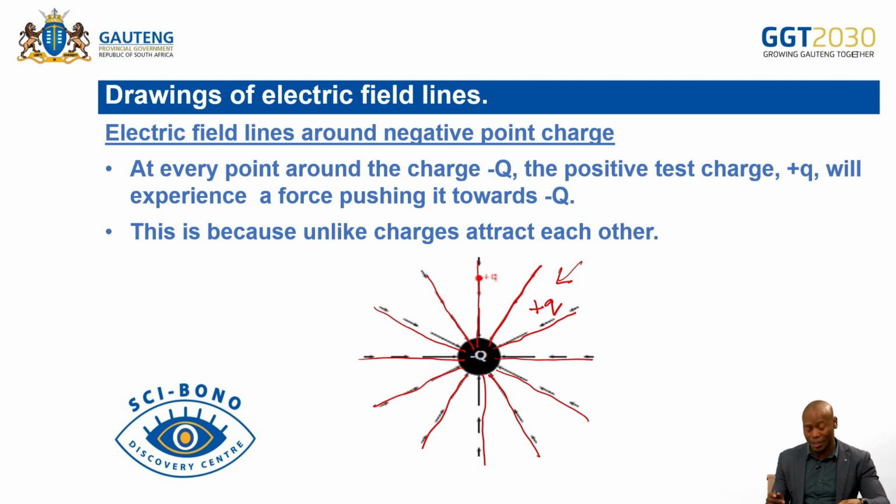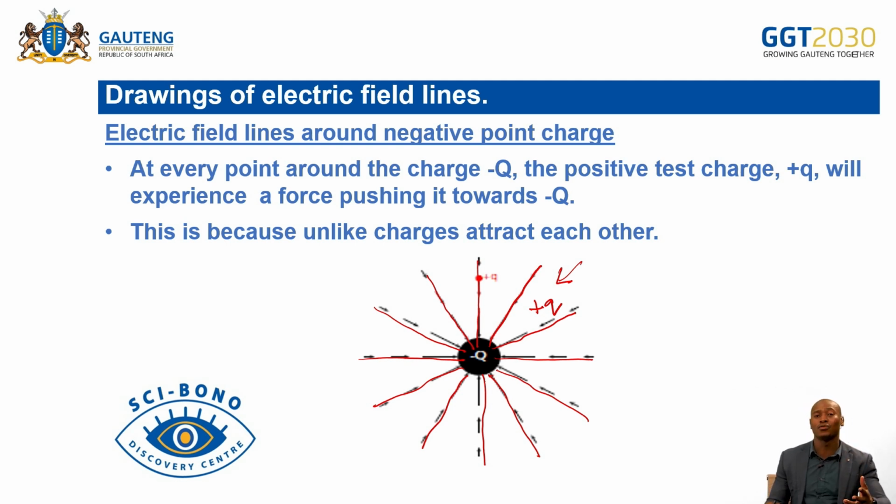So the force exerted by this negative charge on this positive charge is going to be towards each other. There is a force of attraction.